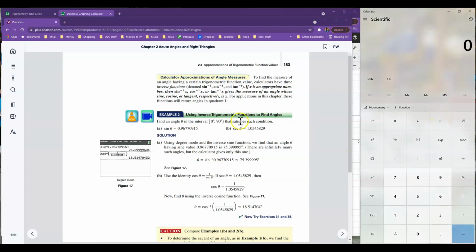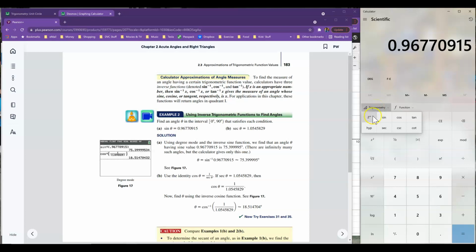So how would we do that on these calculators here? If I clear this, I would need to first put in the number on this one, 0.96770915. So once I put that number in there, then I want to take the inverse sine of that number. Well, if I go to trig, they don't show me inverse sine, they show me the 6 functions.